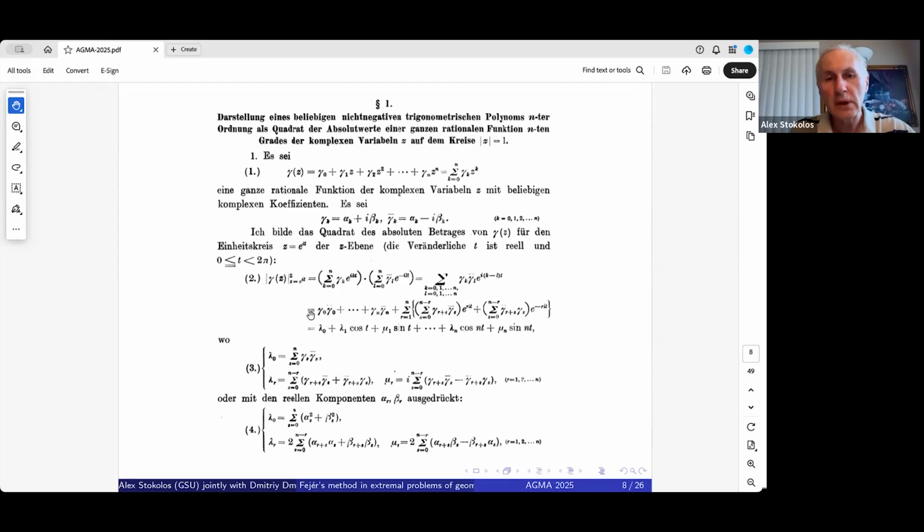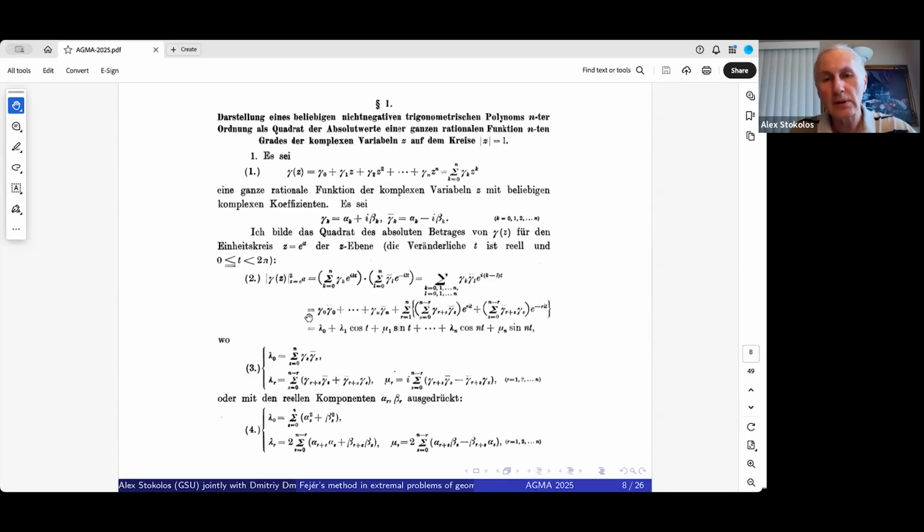Namely, he noticed that you can write a non-negative trigonometric polynomial in this form, if it's possible, as the absolute value squared of a standard algebraic polynomial on the torus, on the unit circle.